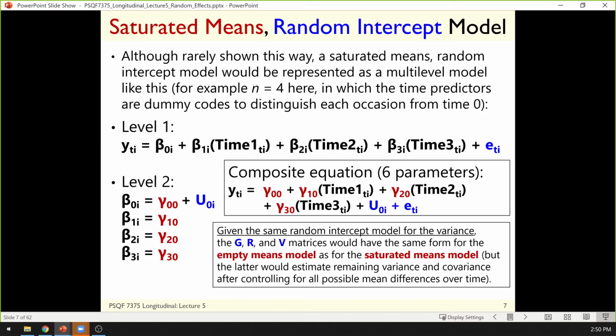So this model says that we can have mean differences over time, but everybody has the same pattern of mean differences. So this is a model that says people differ in level only, not in change over time. Because the people differences are the blue part. There's only a random intercept.